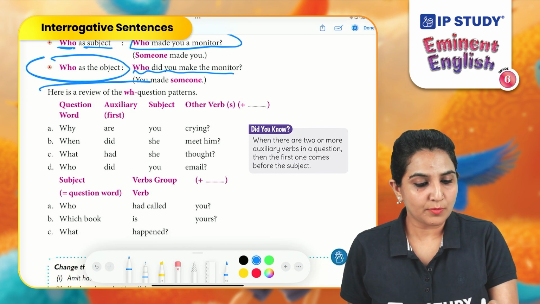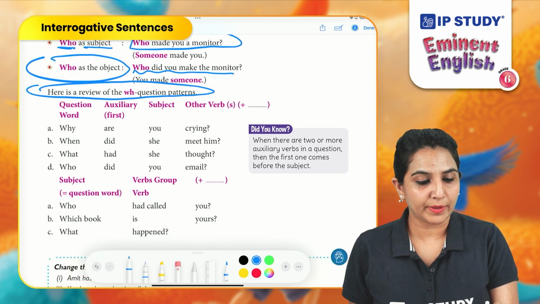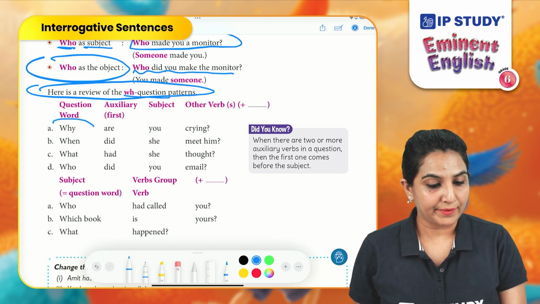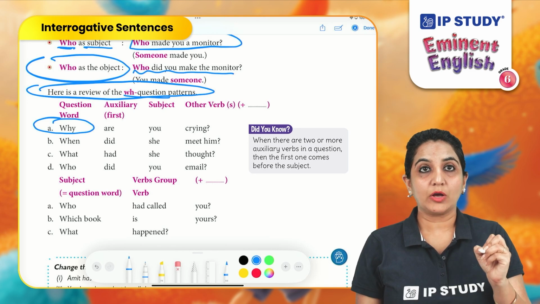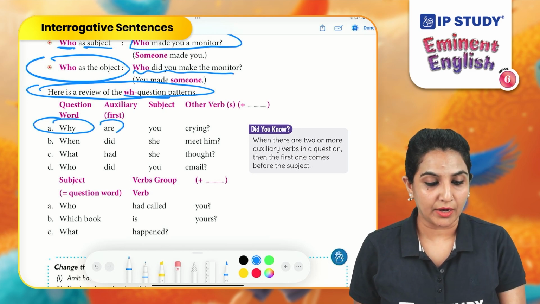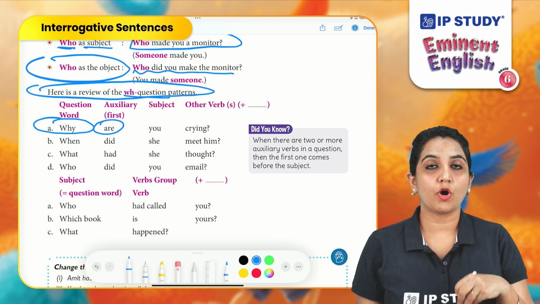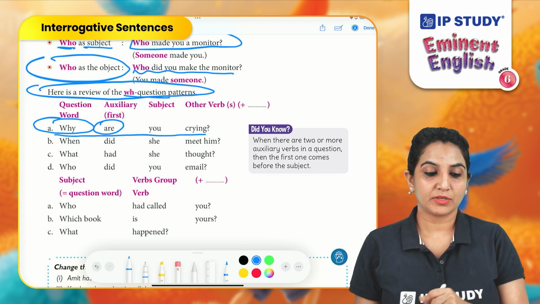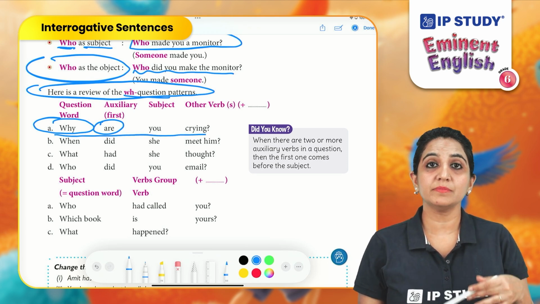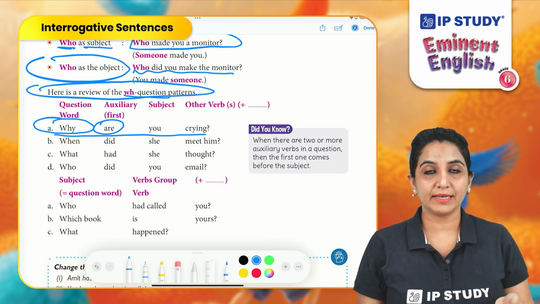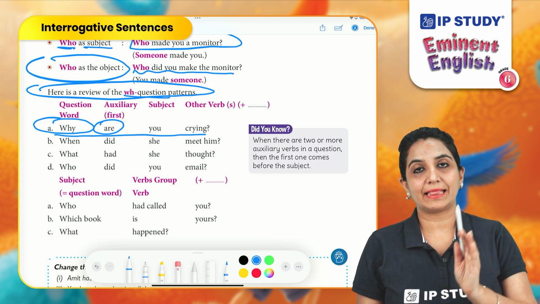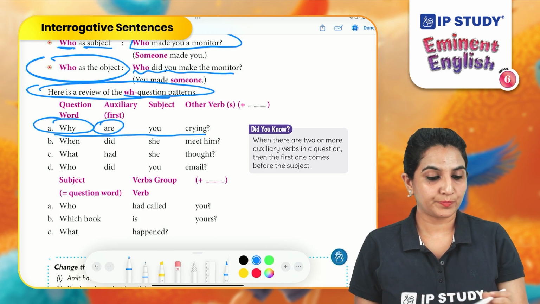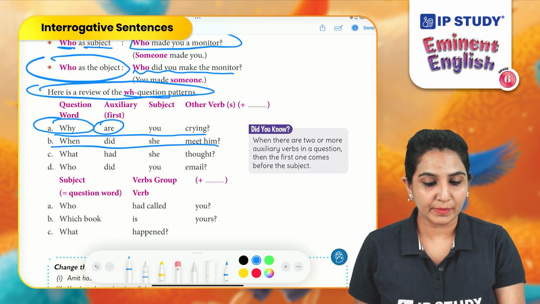Now let us do a small review of the WH or W question patterns. Why? With why, the auxiliary verb are comes before the subject. Why are you crying? So the auxiliary verb comes before the subject, then you, the subject, and then the other part of the sentence. When did she meet him?